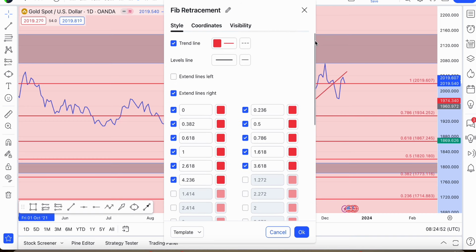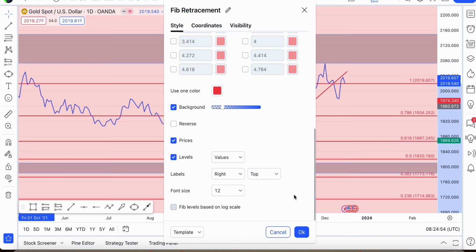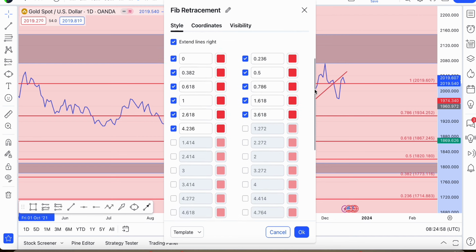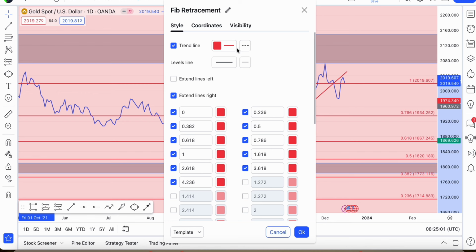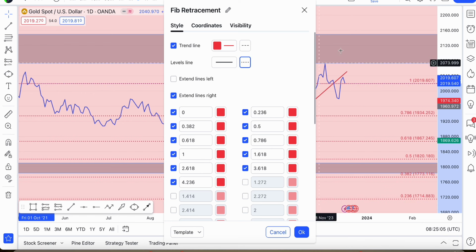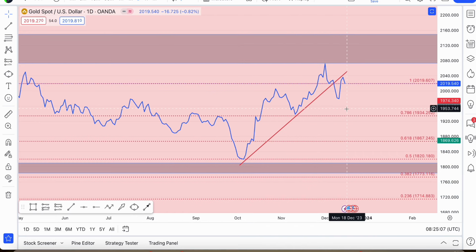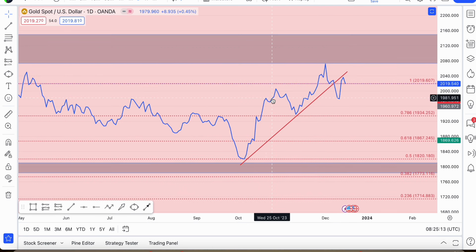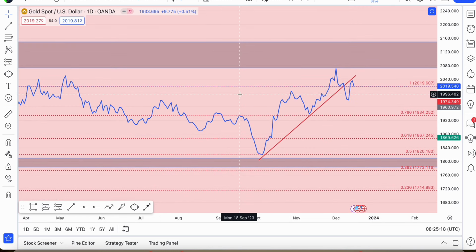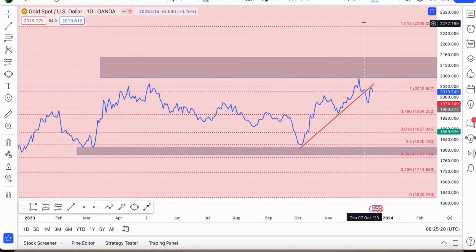Sorry, I'm looking for something. Okay, trend line. This one, change this to dots for me. Okay, I'm looking for the next. Okay. Yeah. Sorry. Good. This is the layer I'm looking for.